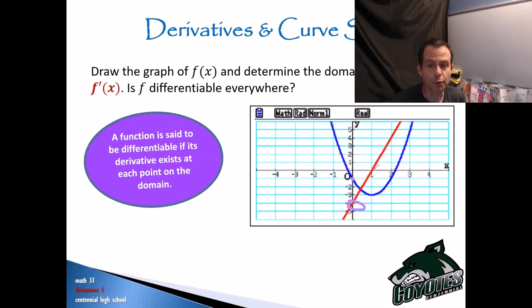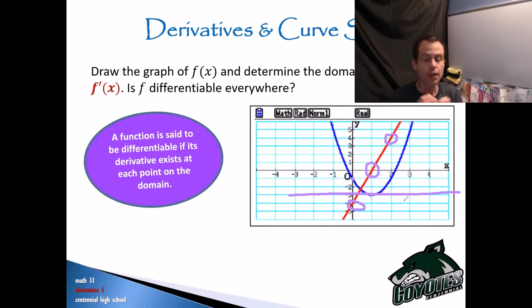At x equals 1, right here, my slope is 0. Well, that makes perfect sense because I'm right on the vertex there. Okay, at x equals 2, my slope is 4. Okay, that's how I'm reading this. So this red line tells me the derivative for every point along the original function.